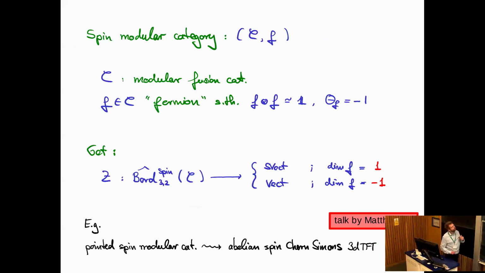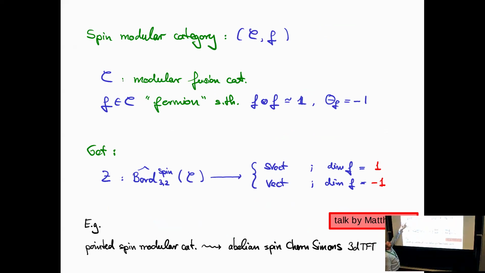And for example, there's something called a spin modular category, which is just a usual modular category together with a choice of fermion, which means an object in C which is invertible and which has twist -1. And out of that datum, you can then produce something which lives on spin bordisms and lands either in super vector spaces or in vector spaces, depending on whether the dimension of this object is 1 or -1.